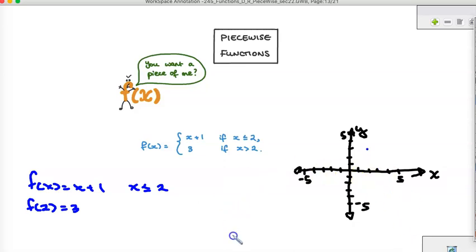Then you could use the slope, because we know that the slope m is equal to 1. From this point, you could go down 1 over 1 if you choose to, or you could evaluate another value, say f at 0, because 0 is less than or equal to 2, and you will get 1.